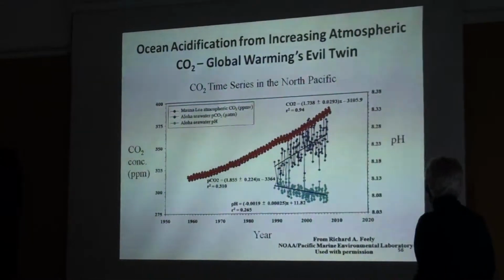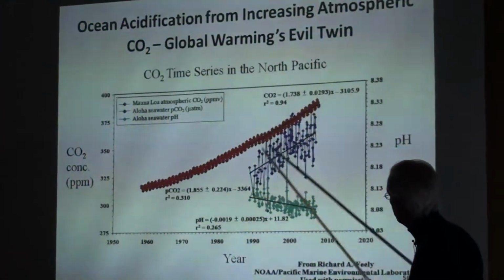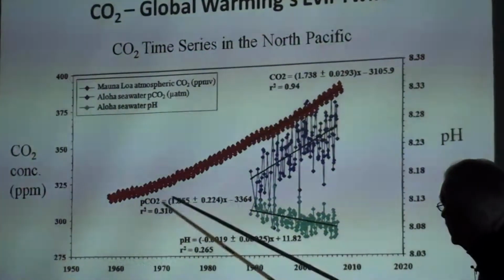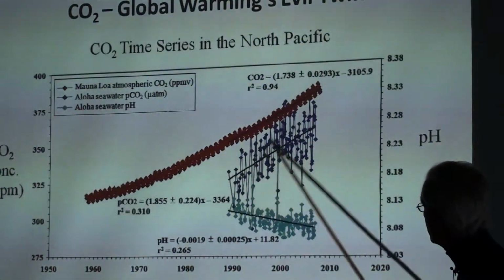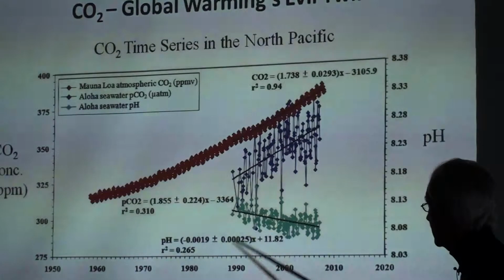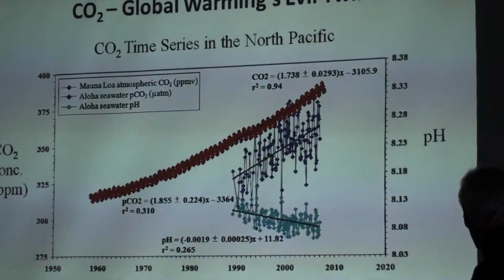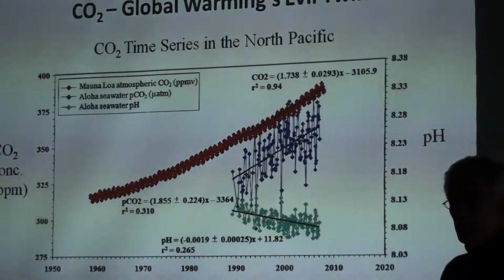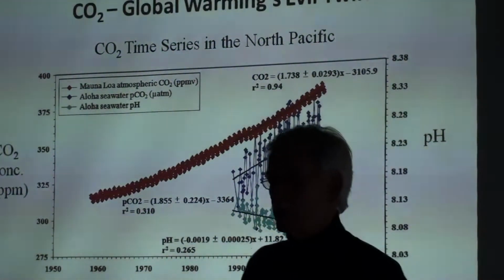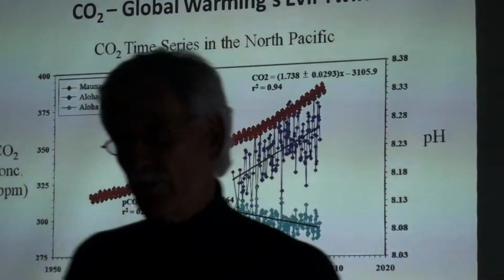So here we have the increasing atmospheric carbon dioxide concentration. Here we have the corresponding increase in PCO2 in the oceans, also going up, and this translates into this decrease in pH, which you see here, which is the consequence of more carbon dioxide in the oceans. This contributes to ocean acidification. This is referred to as global warming's evil twin.